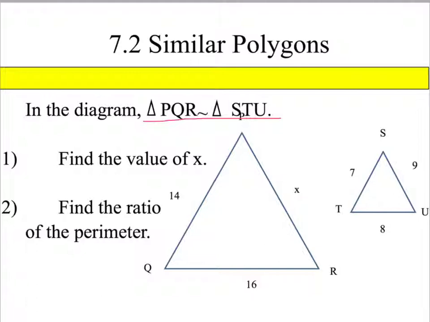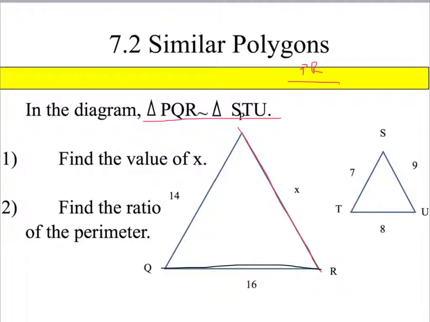All right, so when you look at this, there's multiple ways you can do it. When I look at this, I'm going to take two sides and I'm going to set it up as a proportion. I'm going to find PR, okay, because we need to use PR because that's my x. I'm going to take PR over QR.